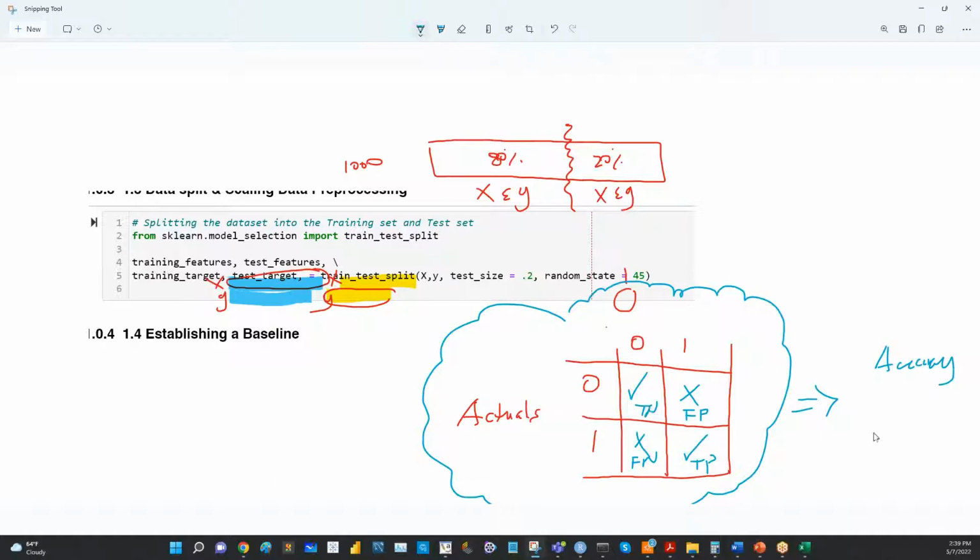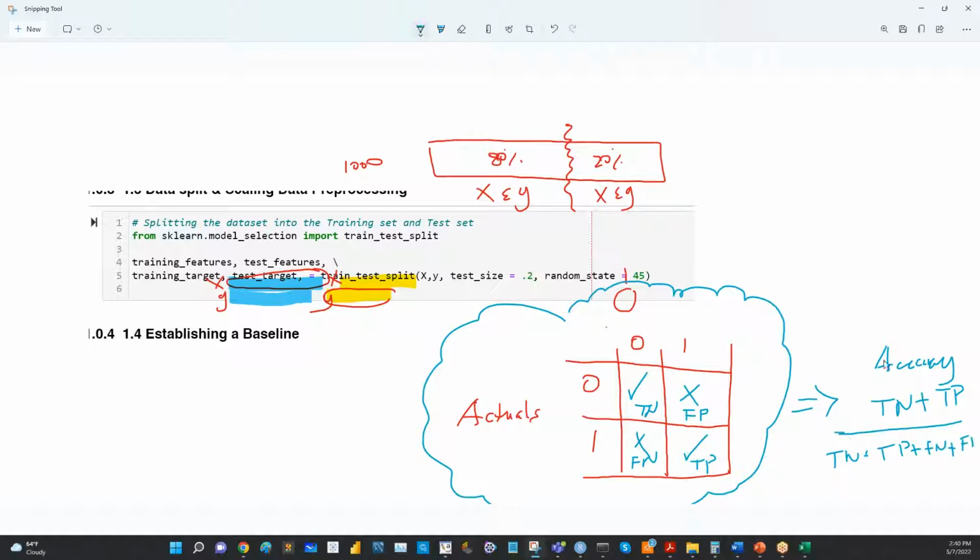And the accuracy is simply the true negative plus the true positive, divided by true negative plus true positive plus false negative plus false positive.